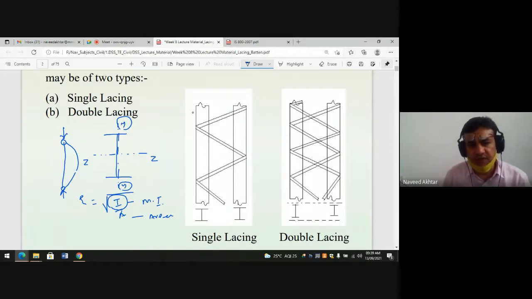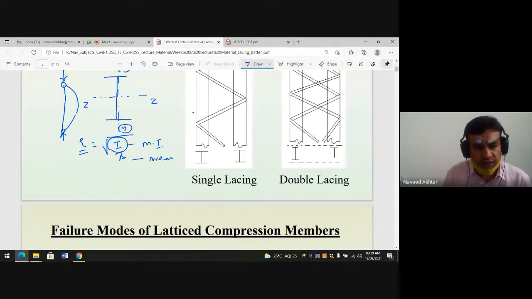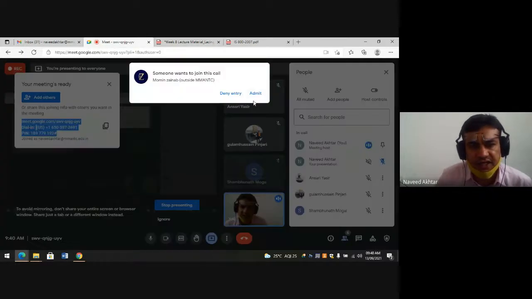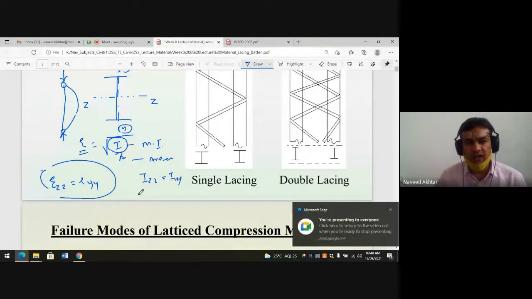What we are doing is placing two I sections or two channel sections back to back or facing each other, so as to increase the radius of gyration. If you increase the radius of gyration in both directions, or make it the same in both directions, it means that your IZZ is equal to IYY.